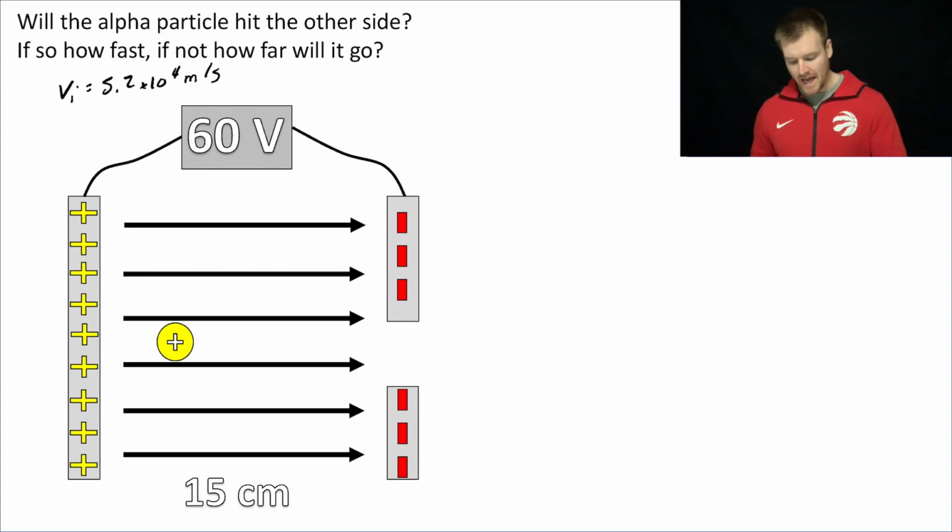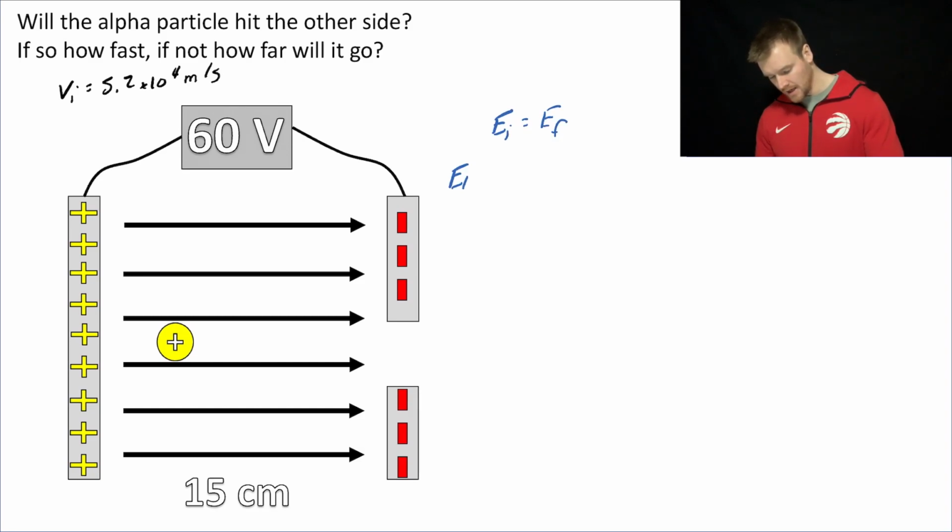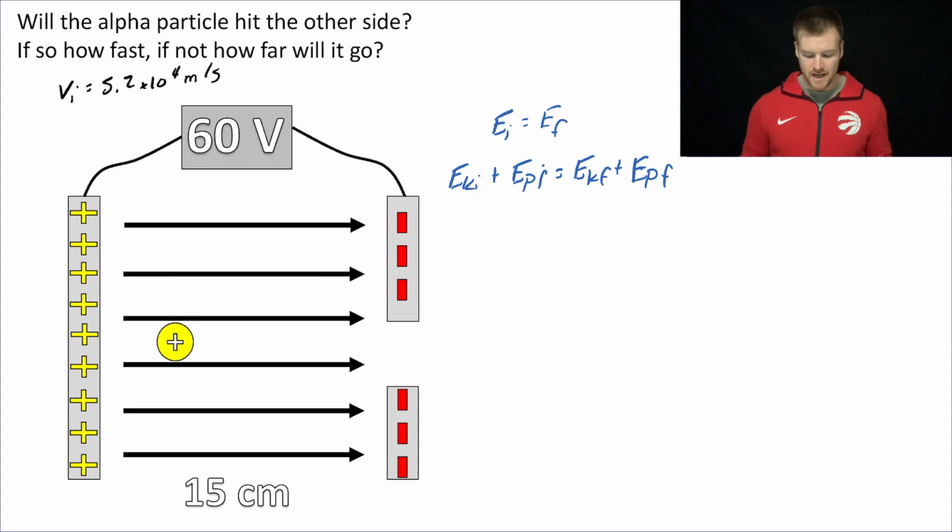So again, this is looking at energy. So let's start with EI is equal to EF, my kinetic at the start plus my potential at the start is equal to my kinetic at the end plus my potential at the end. Now we know at the start, when it wasn't in those plates yet, that it didn't have any potential energy, so I can cross that out, and it did have kinetic.